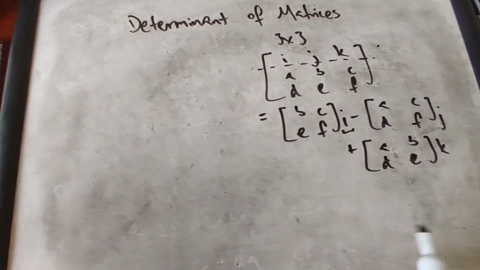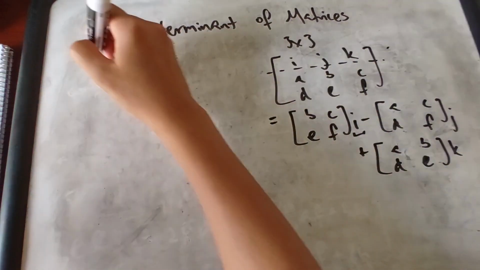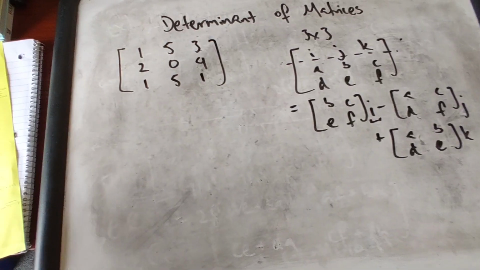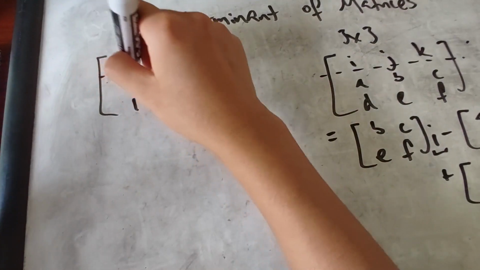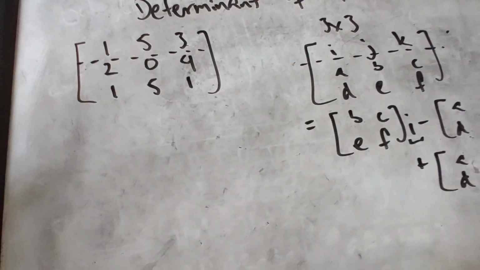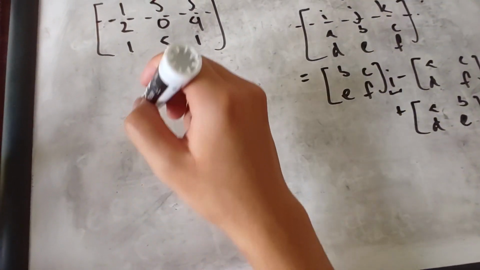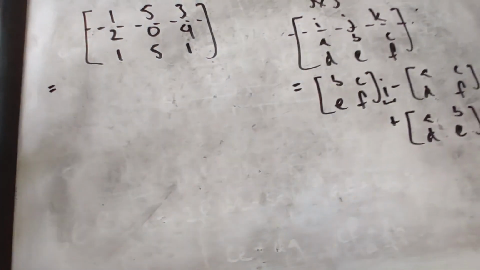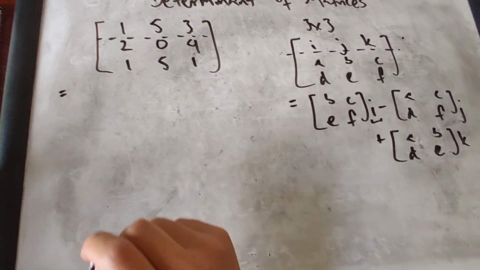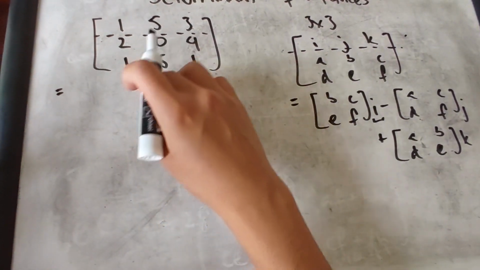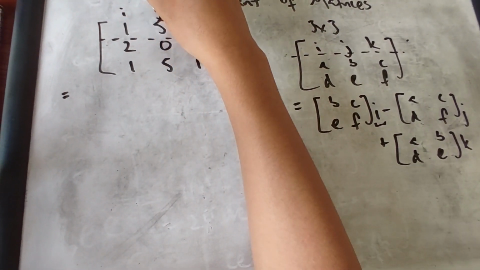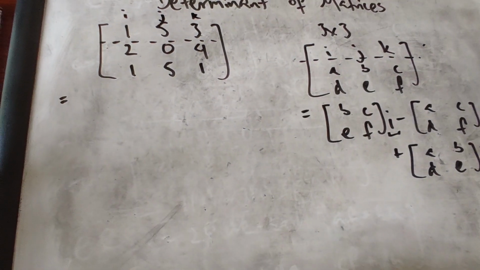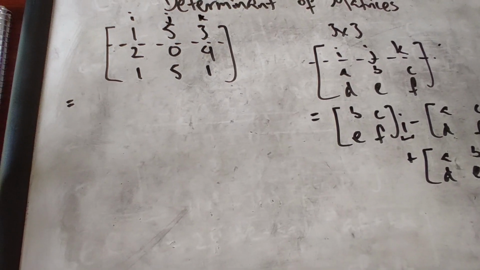Alright, I erased the 2x2 section to make room so we could have a matrix. What we could do is pretend there's an imaginary line here, and using this formula we could find the determinant. So let's also write I, J, K here just to get the gist of what's going on.